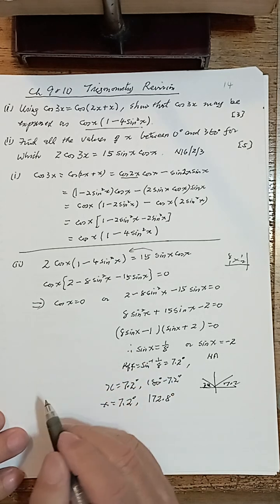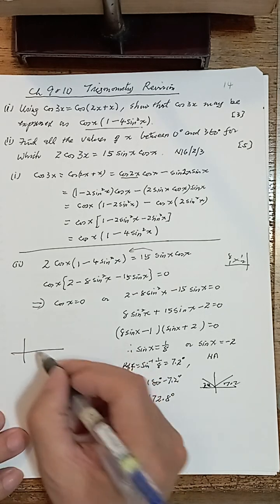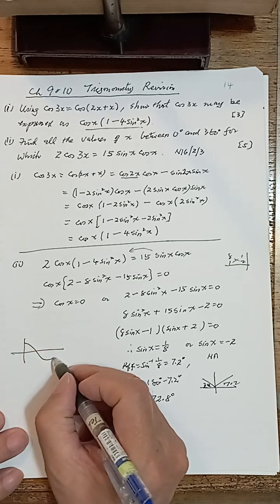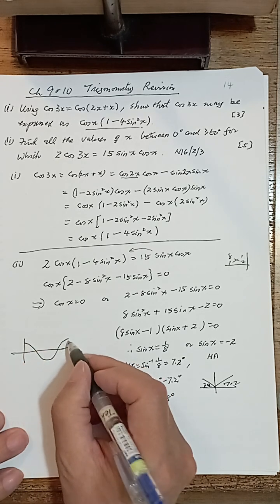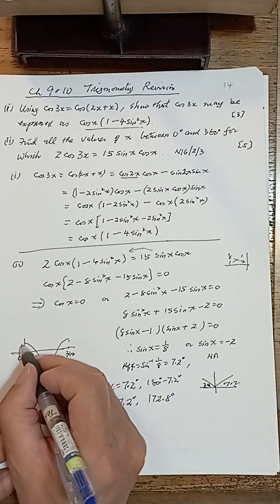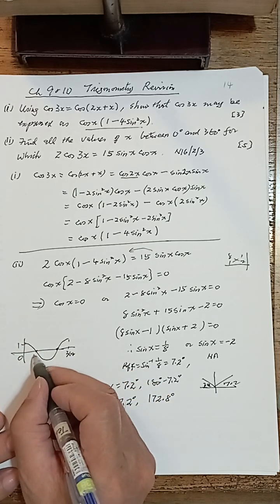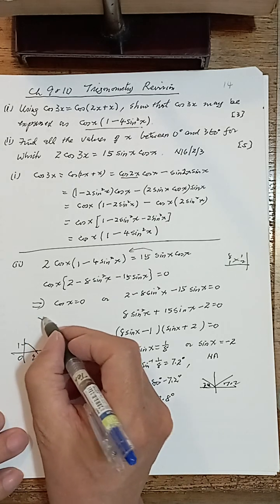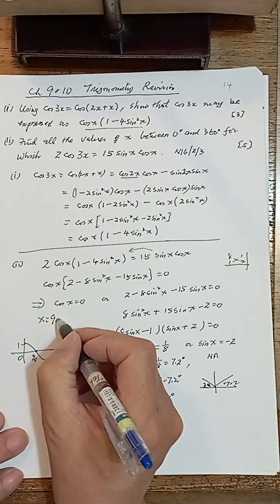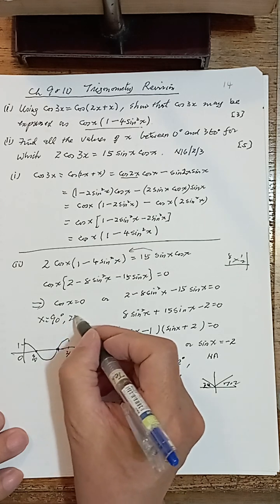When cosine x equal to 0, the cosine curve is like this. Cosine x equal to 0, this is 360, 0. So 0 here and here. So this will be 90. So x will be equal to 90 degrees, then the other angle here, 270.